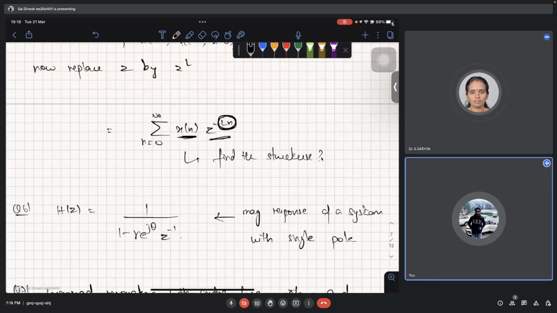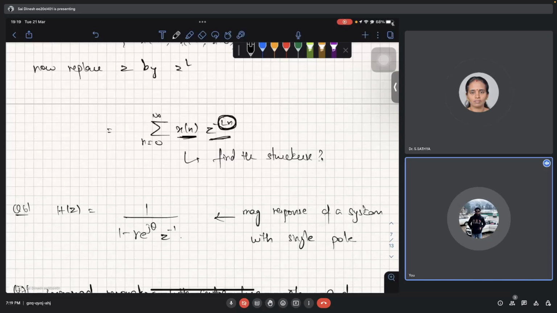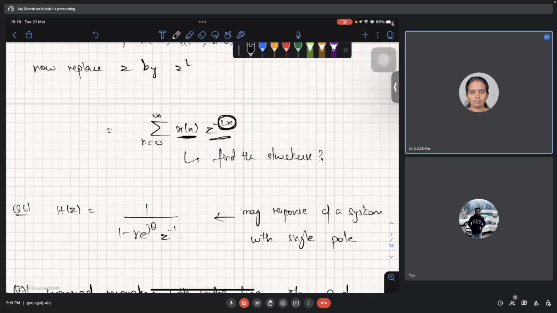So we have coefficients for z power 0, z power minus 5, z power plus 5, z power minus 10, z power plus 10, like that. So the Z transform values depend upon the value of l only.